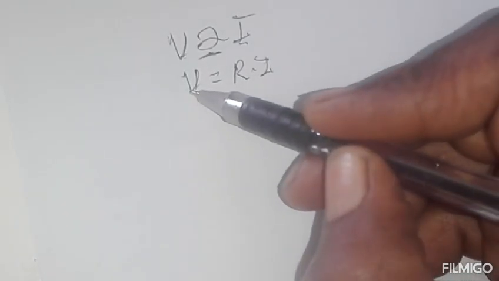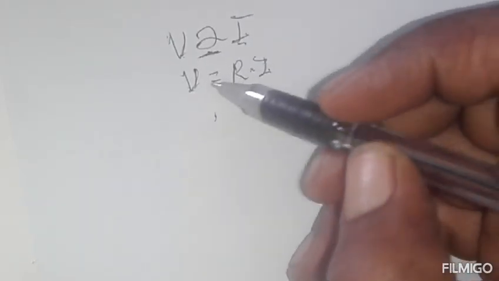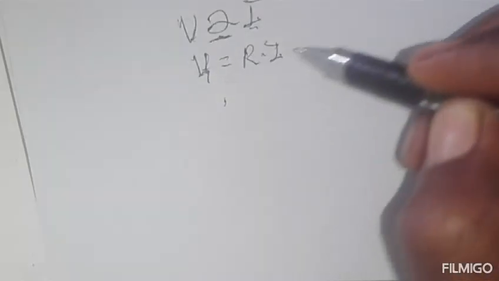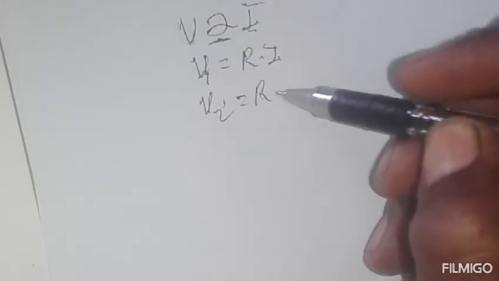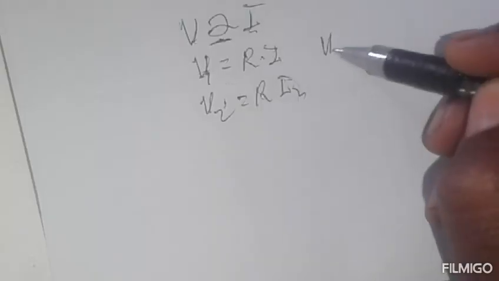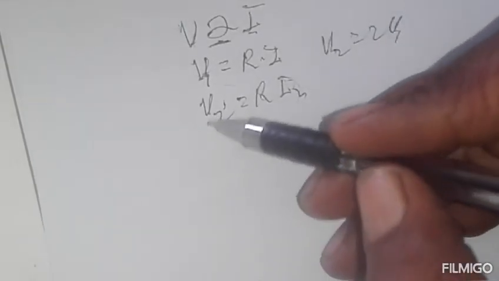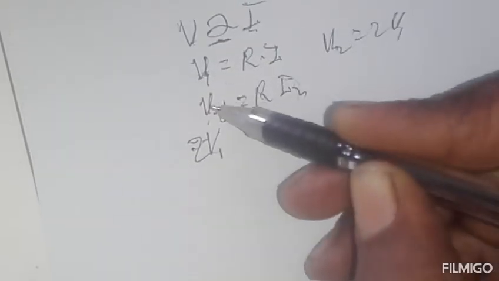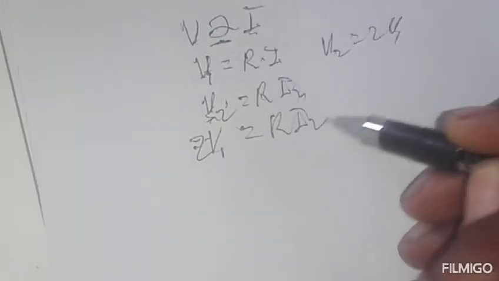If the voltage is doubled, what do you say about the current? Consider voltage 1 and voltage 2 with the same resistance and current 2. Since voltage 2 is twice voltage 1, we substitute: voltage 2 is equal to resistance times current 2.